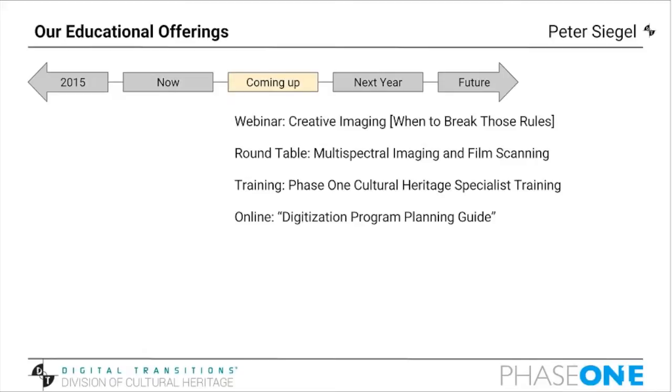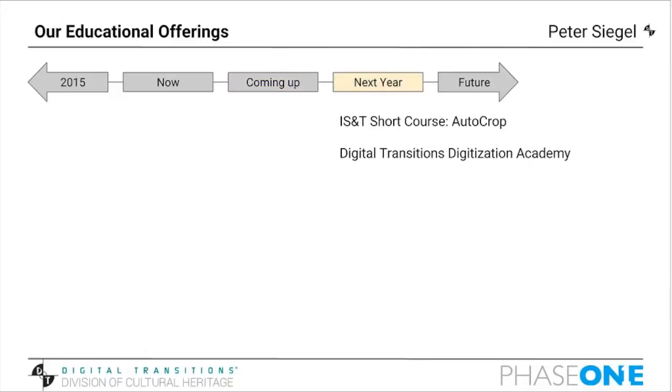And another thing that's extremely exciting for us is that after over a year of writing and editing and contributions from 25 institutions, we're going to make available online a digitization program planning guide. So all this is pretty exciting stuff. So next year, we are going to do a short course, again for IS&T in Washington, D.C. on autocropping.